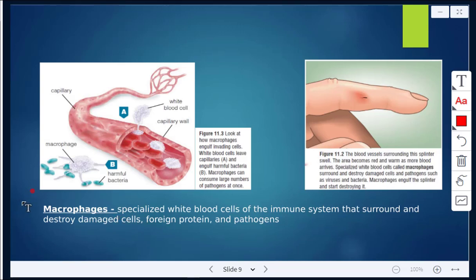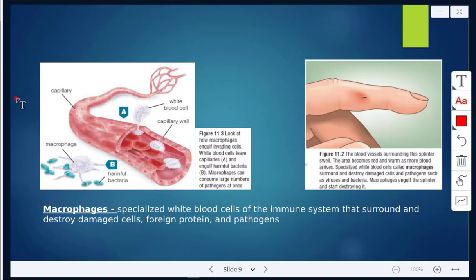Here we're just looking at macrophages. These are special white blood cells of the immune system that surround and destroy damaged cells, foreign proteins, and pathogens. So here, these white looking cells, those are the white blood cells, and macrophages are a special type of white blood cells.